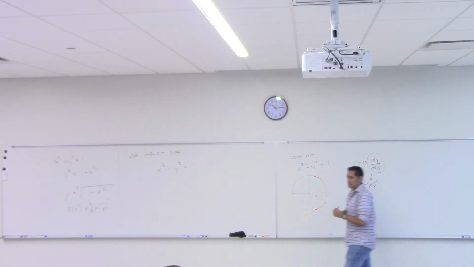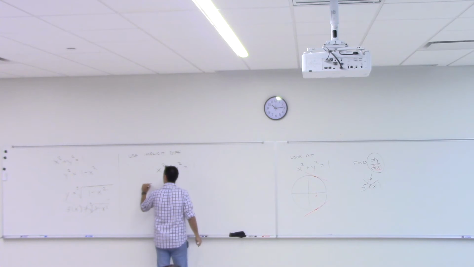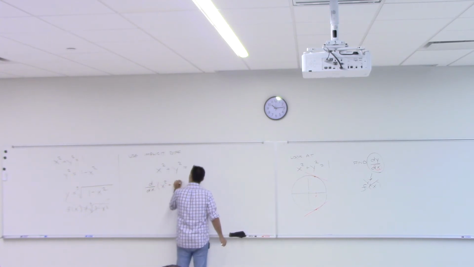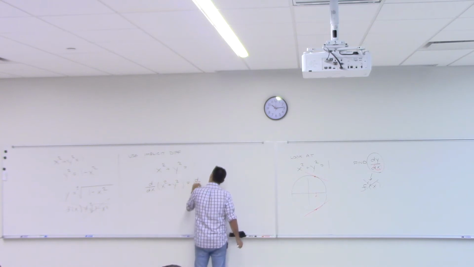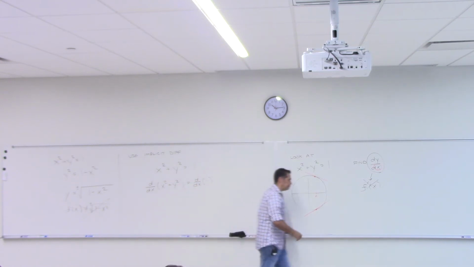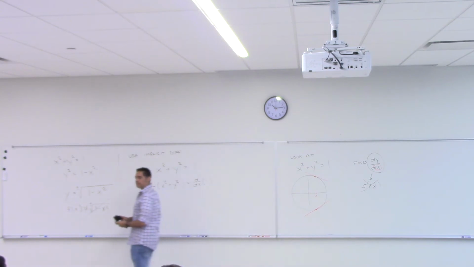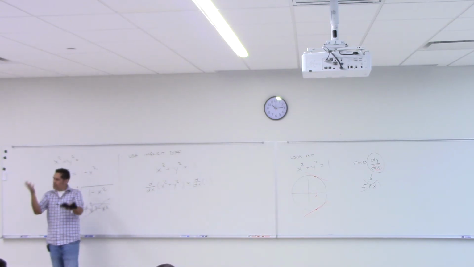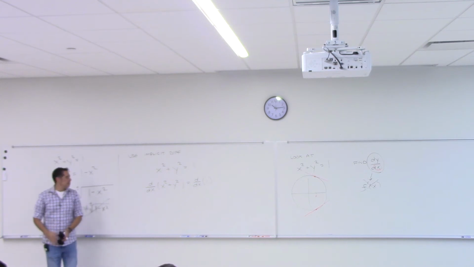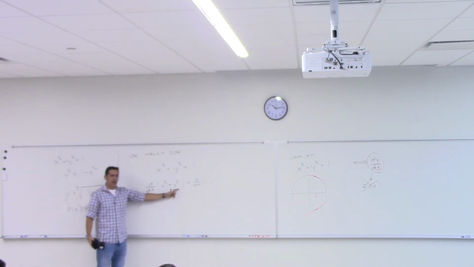So I'm going to take the derivative on both sides of this equation with respect to x. Does that seem reasonable to you, that we could do that? You have an equation, do the same thing to both sides. Differentiate both sides.